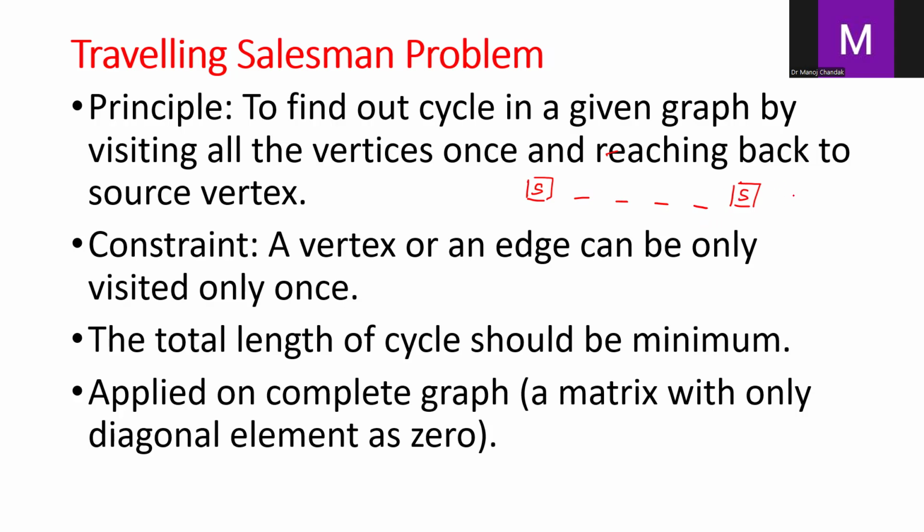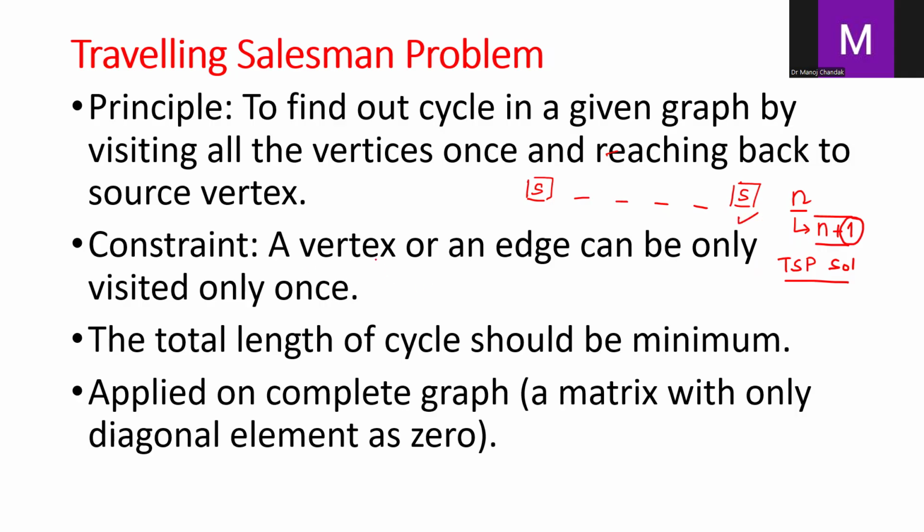So if there are n vertices in the graph, then there will be n plus 1 vertices in the traveling salesman's problem solution, because we are repeating the source vertex as destination.